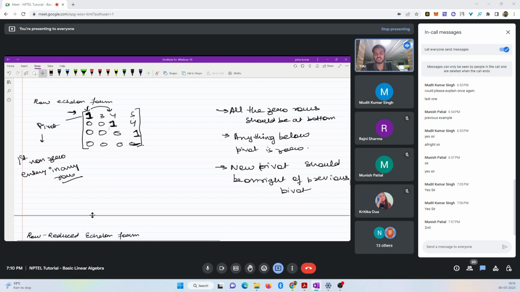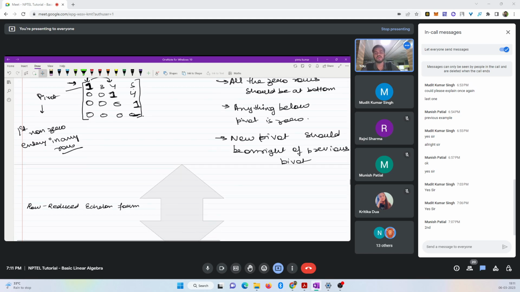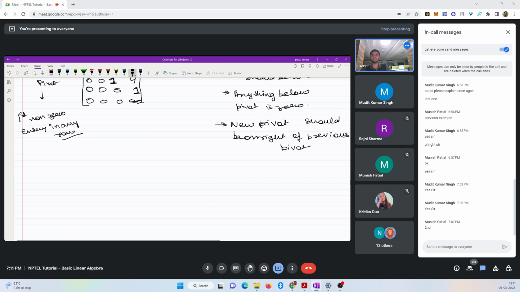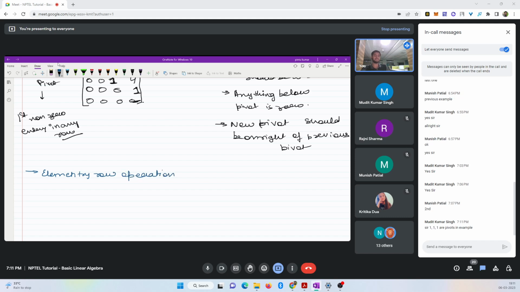How do we reach row echelon form? We reach row echelon form by something called elementary row operations. If you have any doubt, you can stop me then and there.